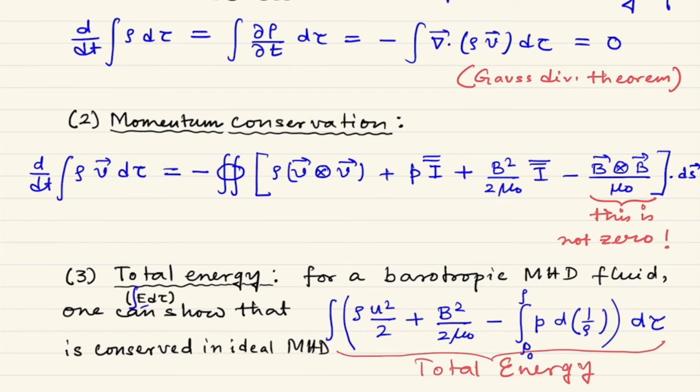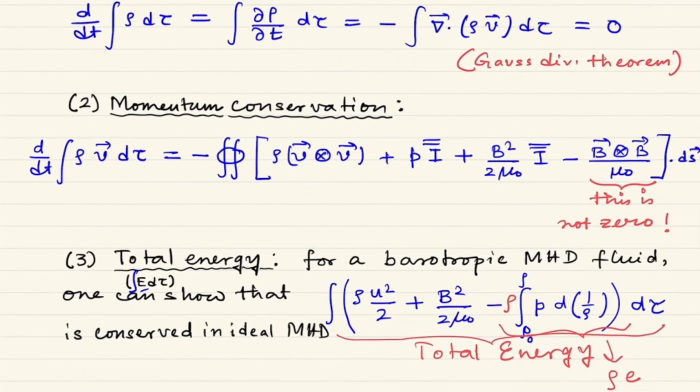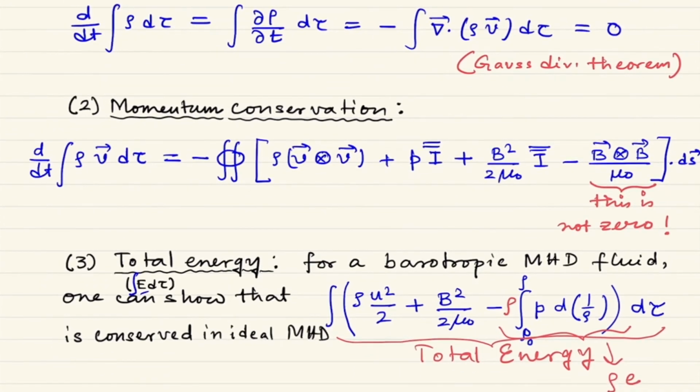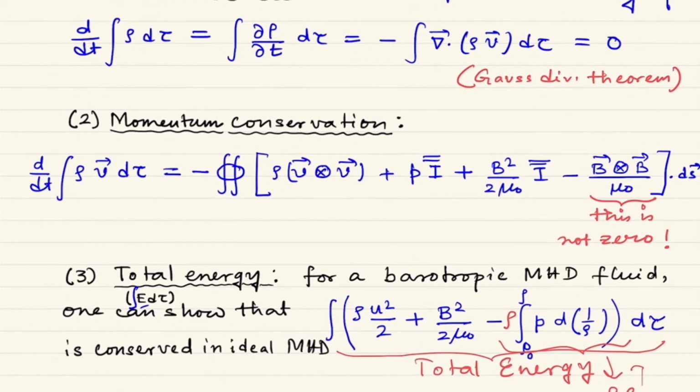I'm writing in red so that you can recognize that there should be a rho multiplied. So rho is the density, times some function E. Basically the whole thing should be written as rho times E.